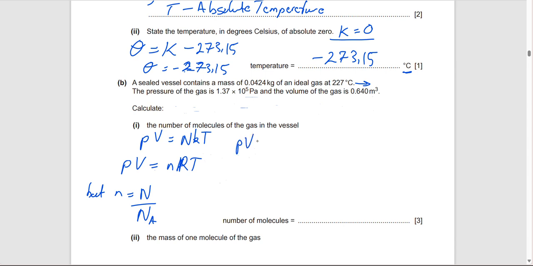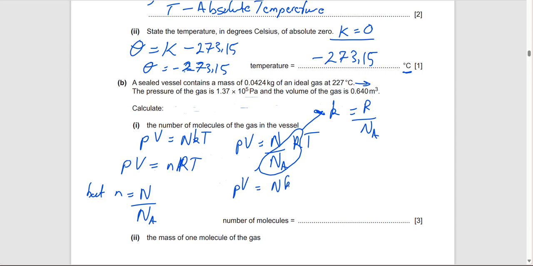Now you have PV is equal to N over NA times RT, like that. And then this part here is the Boltzmann constant, k, which is equal to R over NA, the Avogadro number, right? That's how you get it. So it becomes PV is equal to NkT, just like that.